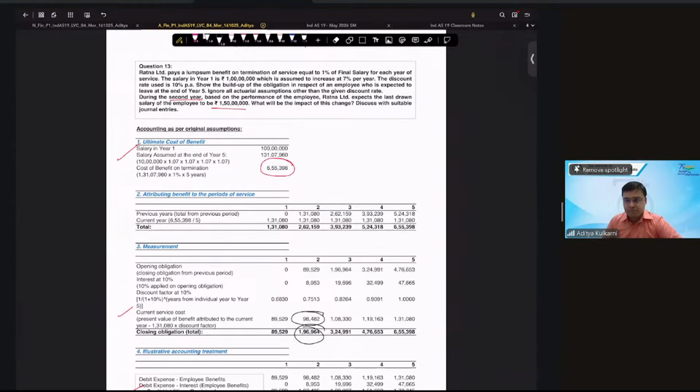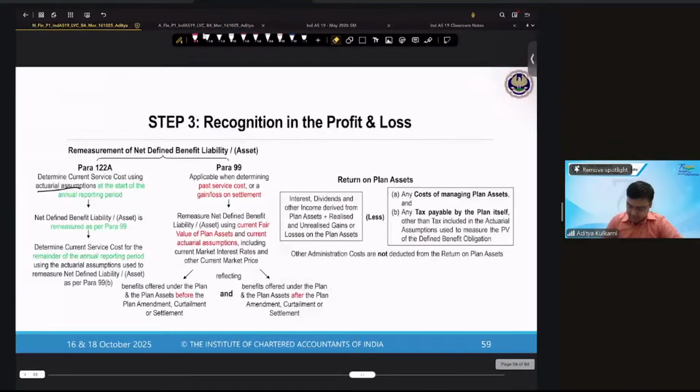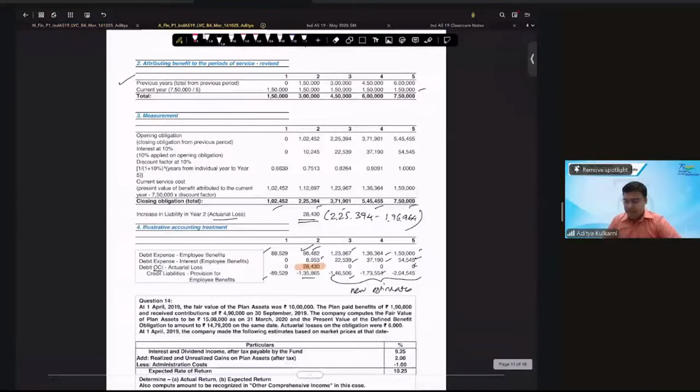I took 98,482 as current service cost. Then net defined benefit liability or asset is remeasured as per para 99. This remeasurement as per para 99 is exactly what I have done in this case. I measured the closing obligation as per the new plan.